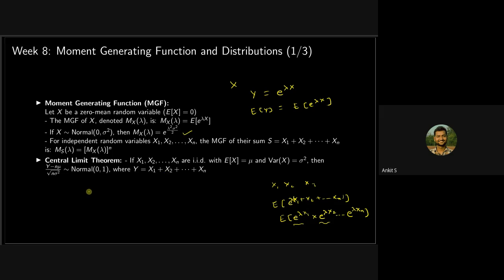This is just the standard deviation of Y. We are standardizing it: Y minus the mean of Y, that is n mu, divided by the standard deviation of Y. The variance of Y is equal to n times the variance of X, that is sigma squared. So that's why we are dividing by the square root of n sigma squared. We are just standardizing it. Nothing magical is happening there. It is a very simple theorem.